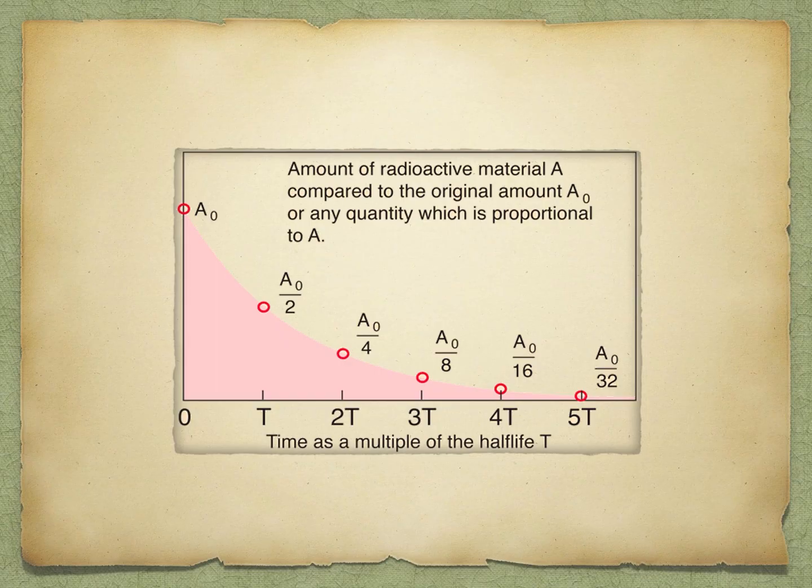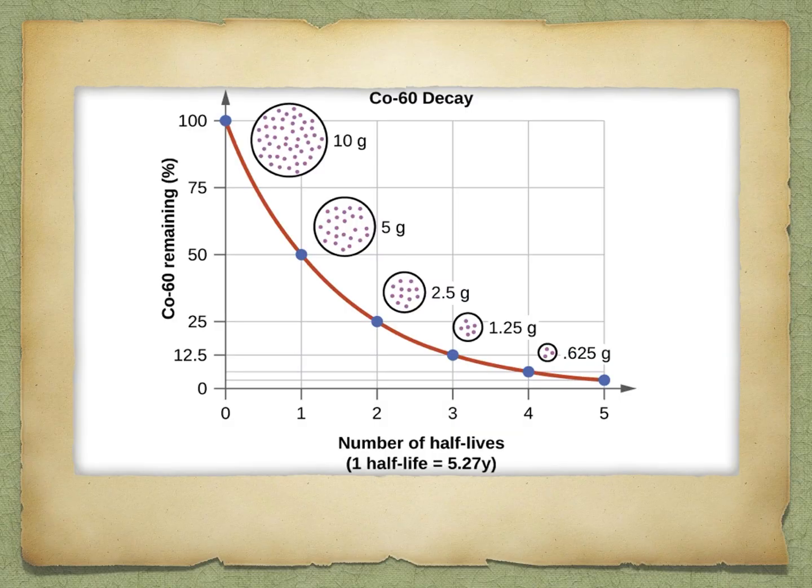At a third half-life, we would have 1/8 of the original sample, because we're taking half of a half of a half, and so forth. So as we continue going through our half-lives, we just keep halving the quantity and it becomes a smaller and smaller fraction of that original sample.